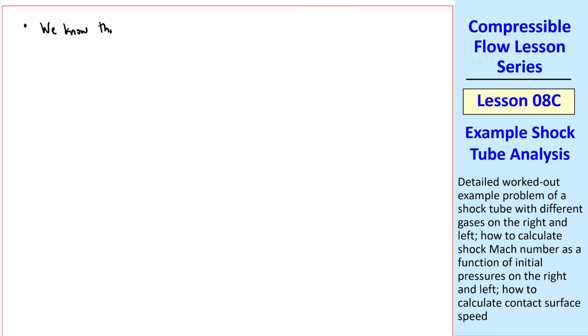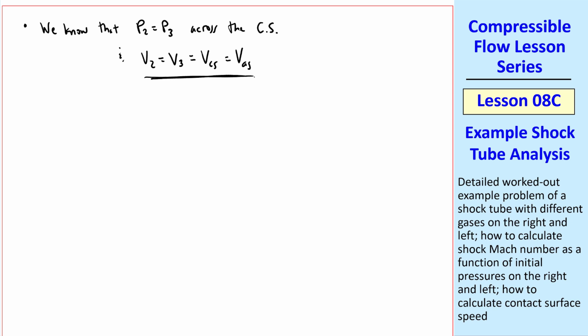We also know that P2 equals P3 across the contact surface, and speeds V2, V3, V of the contact surface, and V after the shock are all the same. We can do some algebra, which I'm not going to show.